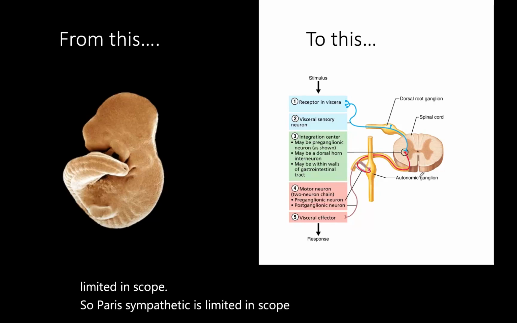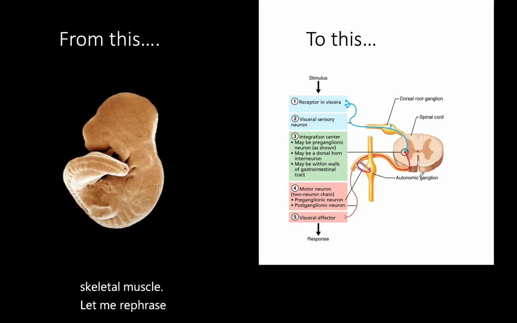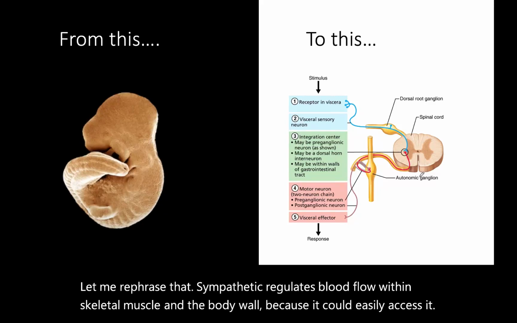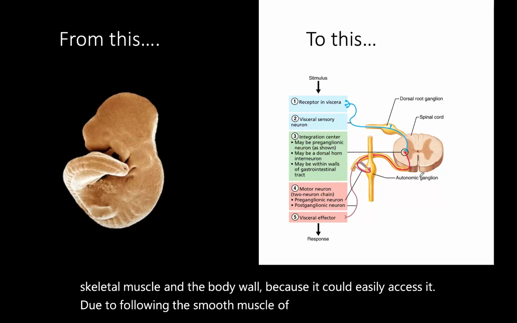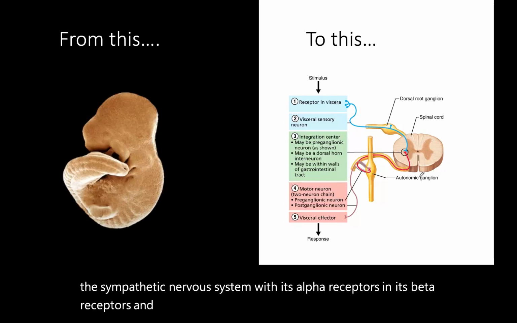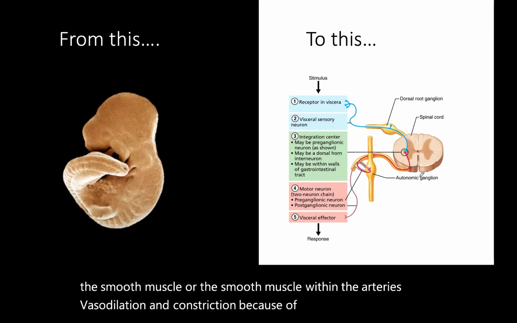Sympathetic regulates skeletal muscle. Let me rephrase that. Sympathetic regulates blood flow within skeletal muscle and the body wall because it could easily access it due to following the smooth muscle of blood vessels. And so why the sympathetic nervous system with its alpha receptors and its beta receptors and epinephrine and norepinephrine is regulating the smooth muscle within the arteries, vasodilation and constriction, is because of location, location, location.